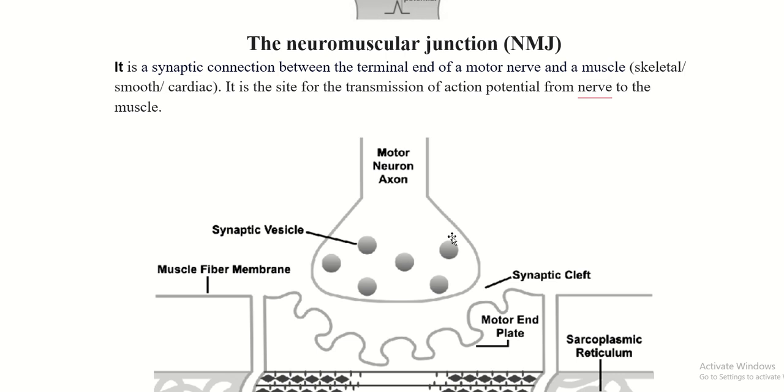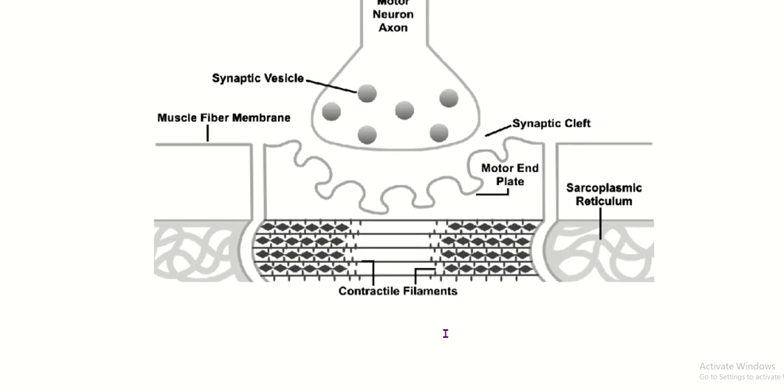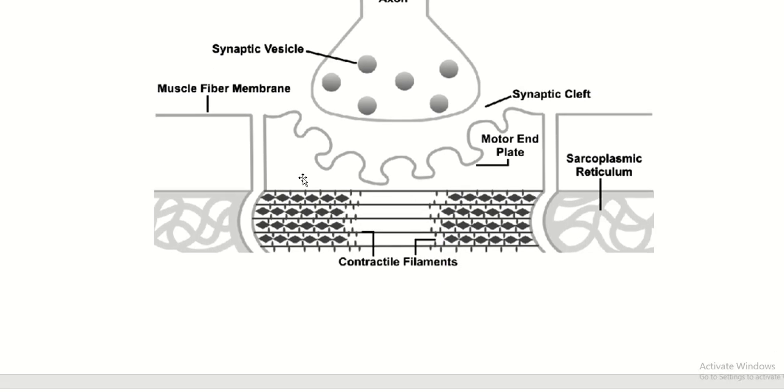The calcium gated channel opens and the synaptic vesicle is fused with the presynaptic membrane, and the neurotransmitter is released and it binds with the receptor present on the sarcolemma, and the action potential is spread to the skeletal muscle, causing contraction of the myofilament and movement occurs.